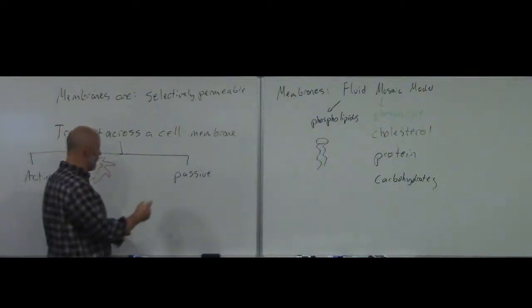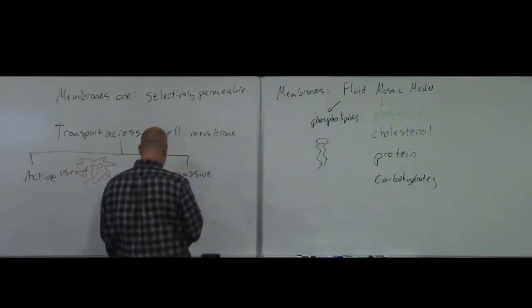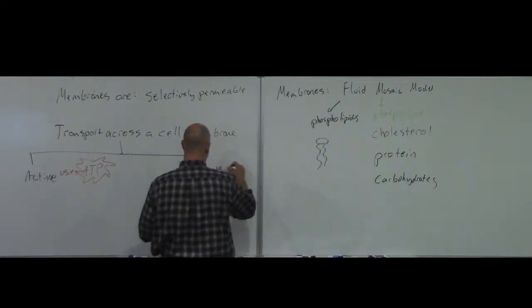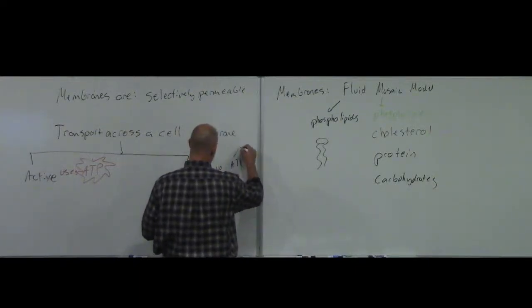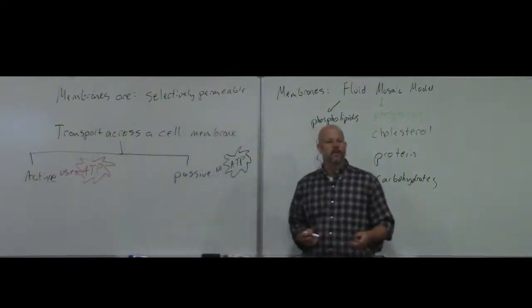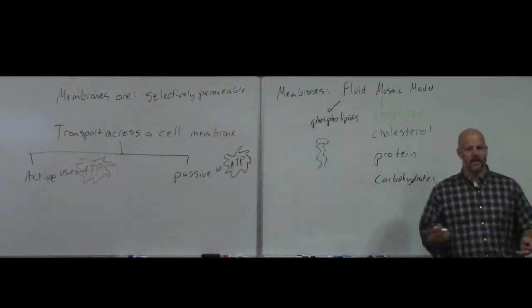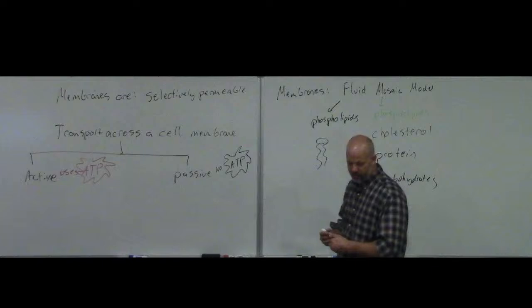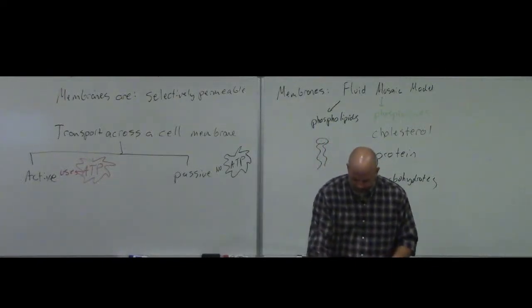Passive is no ATP. Okay. So one uses lots of ATP, one does not use ATP. One uses energy to get stuff in or out of the cell, the other one does not use energy to get things in or out of the cell.